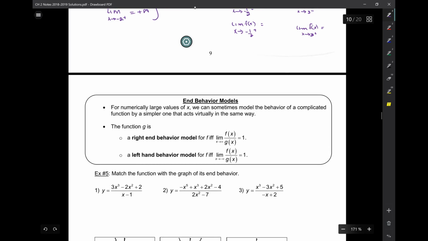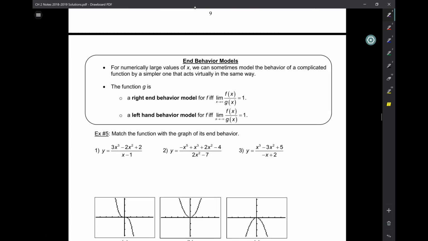Sometimes what we find helpful is an end behavior model. This is super helpful in areas like physics, for example, where basically you want, okay, if x was extremely large, how does this function behave? You're like, oh, if x is really large, this behaves like a parabola, okay? Or if x was really large, this behaves like an exponential function.